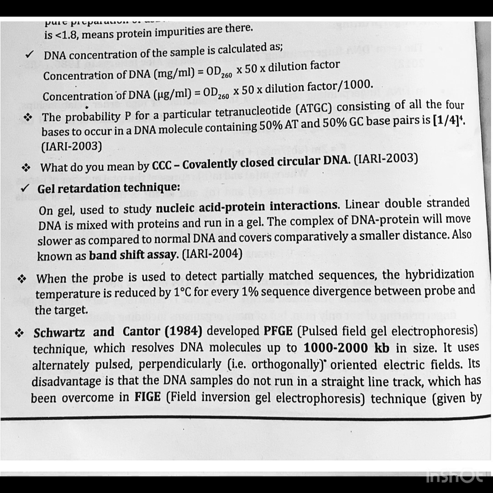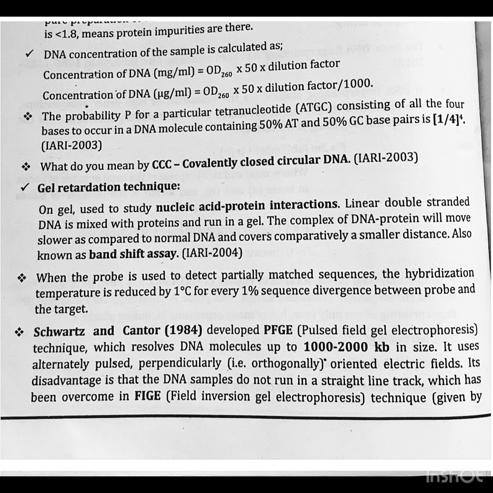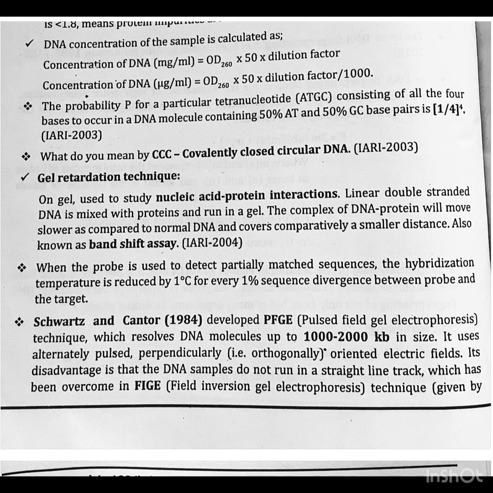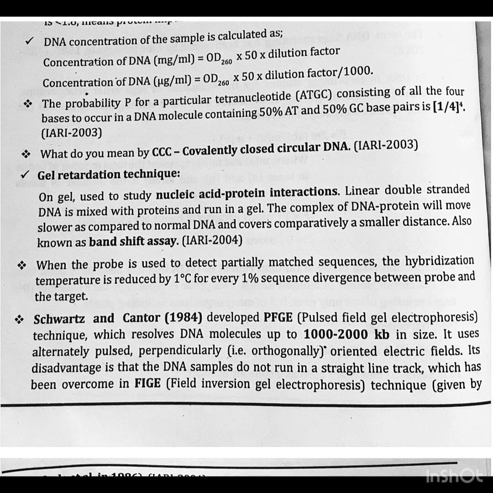When the probe is used to detect partially matched sequences, the hybridization temperature is reduced by 1 degree centigrade for every 1% sequence divergence between probe and the target. Schwartz and Cantor in 1984 developed the pulse field gel electrophoresis technique, which resolves DNA molecules up to 1000 to 2000 kb in size.